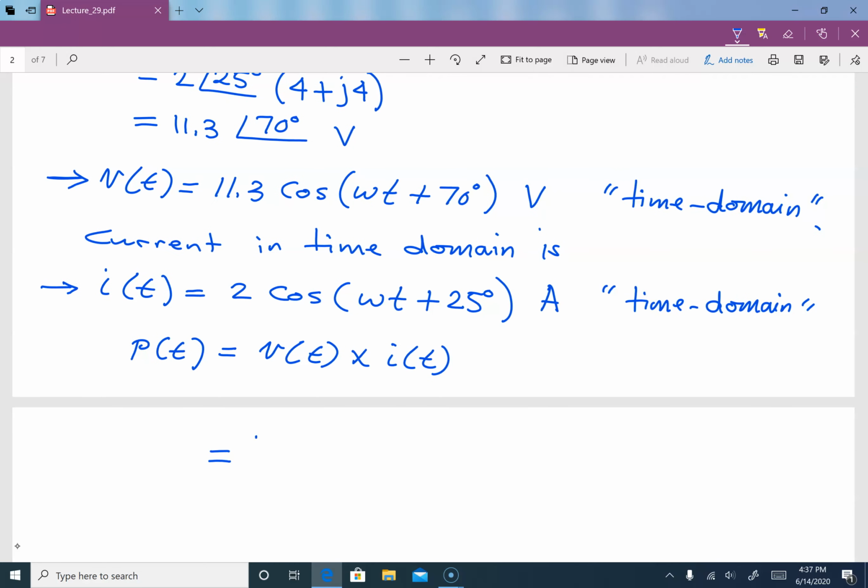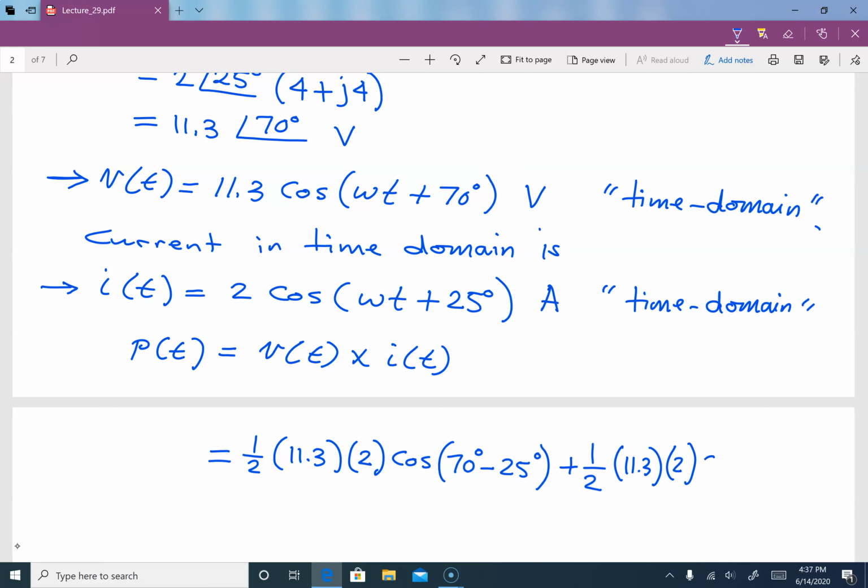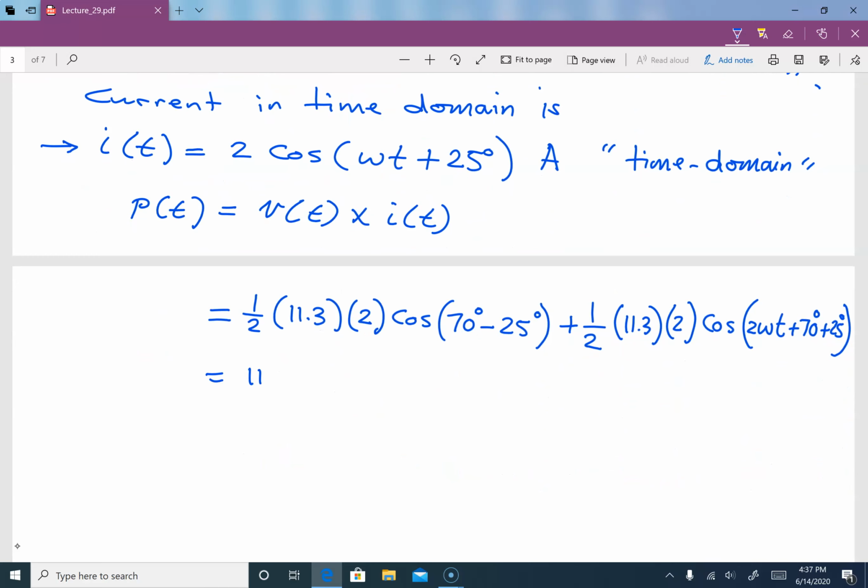And that is equal to 1/2 Vm is 11.3, Im is 2, cosine of theta V is 70, and theta I is 25, plus 1/2 times 11.3 times 2 times cosine of 2 omega t plus 70 plus 25, which in this case is equal to 11.3 cosine of 45 degrees plus 11.3 cosine of 2 omega t plus 95 degrees, and that is in watts.